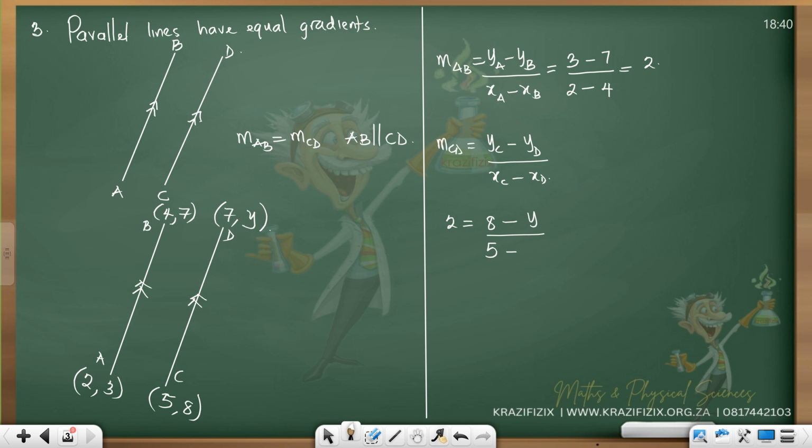And what is the X value of D? 7. We now do simple maths. 2 equals 8 minus Y over -2. Cross multiply. 8 minus Y equals -4. Negative Y, move the 8 over. Negative Y is -12, and Y equals 12.